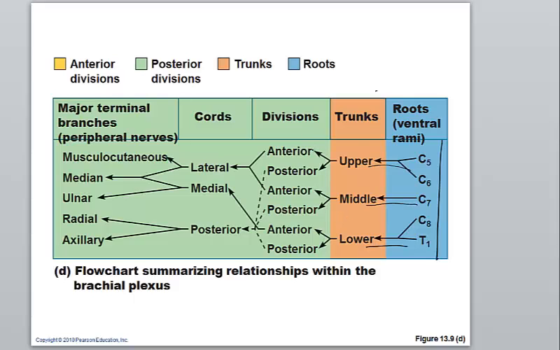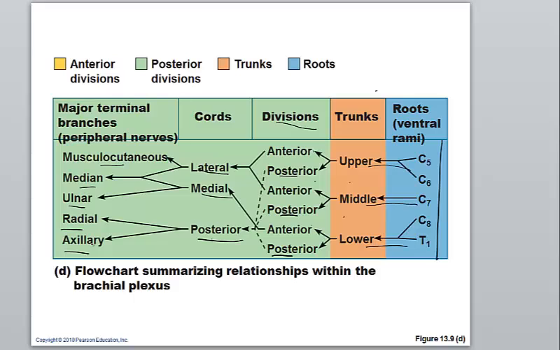Upper, middle, lower divide into anterior and posterior divisions. All the posterior divisions join together to form the posterior cord. The anterior divisions, both upper and middle, form your lateral cord, and the lower anterior forms your medial cord. The lateral and medial together give rise to musculocutaneous, median, and ulnar. The posterior gives rise to radial and axillary.